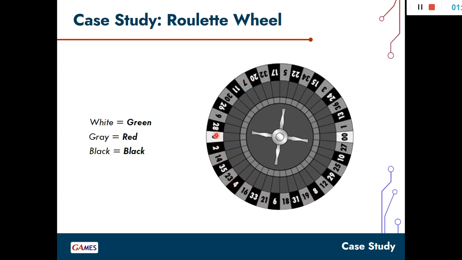Okay, very quickly, the highest number that we have here is 36. Okay, that's the highest number that we have there. But that's not the total number of numbers that we have. The highest number here is 36, but we have more pockets than 36. So how many pockets do we have in total?